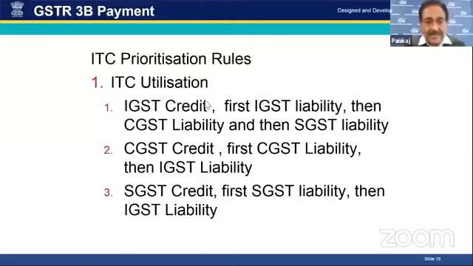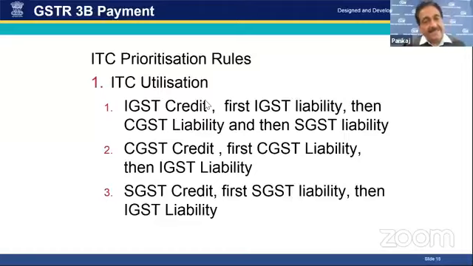So it should be clear that CGST credit cannot be utilized against the SGST liability. Likewise, if the balance is available in SGST credit, then first the SGST liability is to be discharged, and only after discharging SGST liability can the IGST liabilities be discharged.